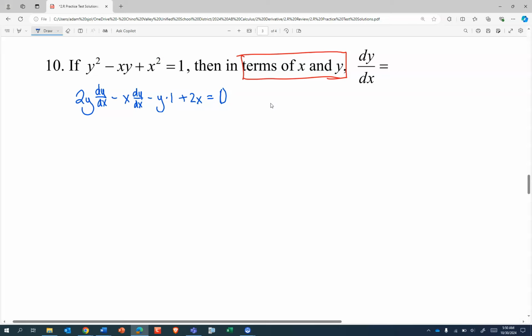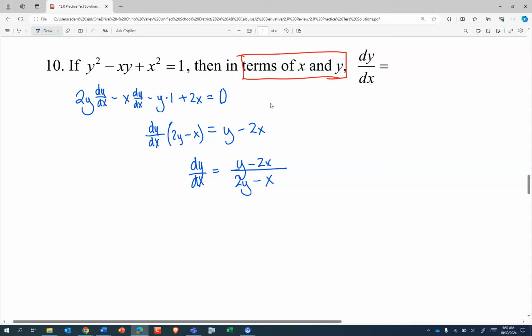All right, we're not substituting in values, so we'll just do some algebra. On the left-hand side of the equal sign, we'll factor out a dy dx, and we're left with 2y minus x. On the right-hand side, let's add y and subtract 2x. And then, hey, we're home free. dy dx equals y minus 2x over 2y minus x.